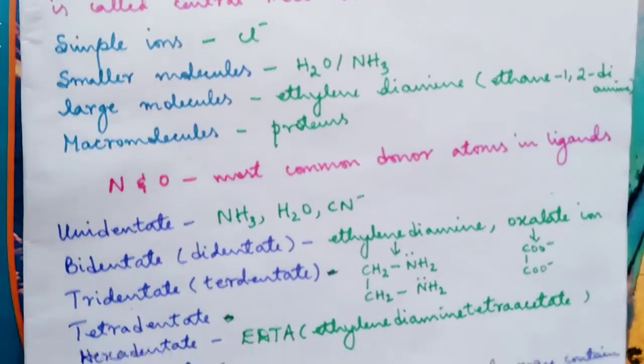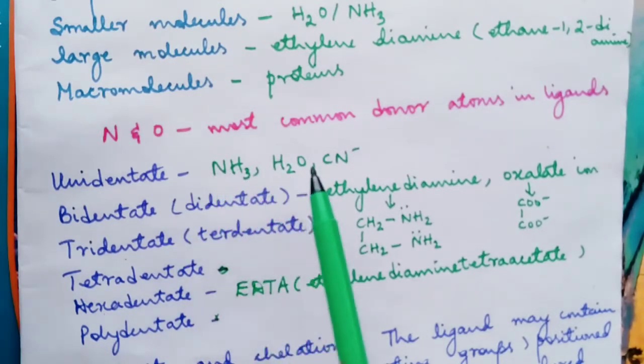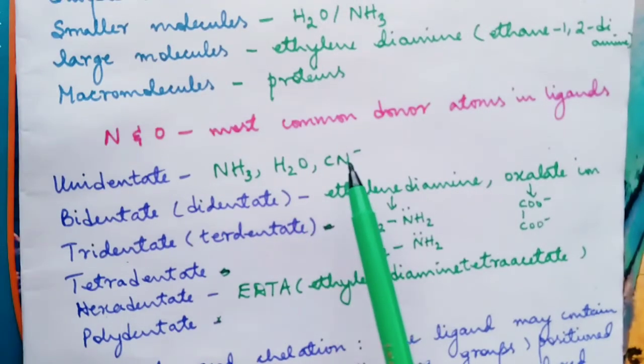Now we come to unidentate, bidentate, and so on. A ligand may contain one or more than one donor atom. If it contains one donor atom, it is known as unidentate or monodentate. Examples are NH3, H2O, CN-. Here the donor atom is nitrogen, here it is oxygen, here it is nitrogen.